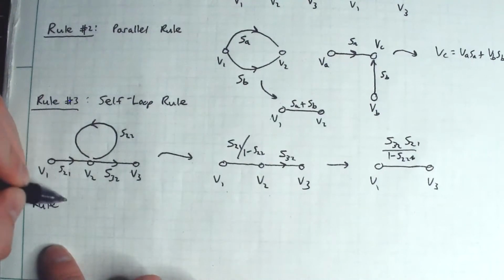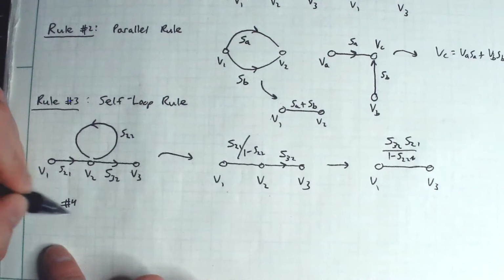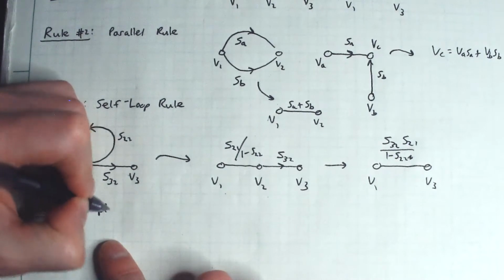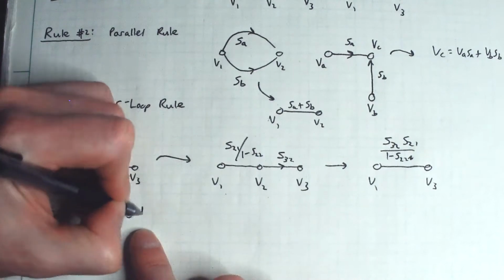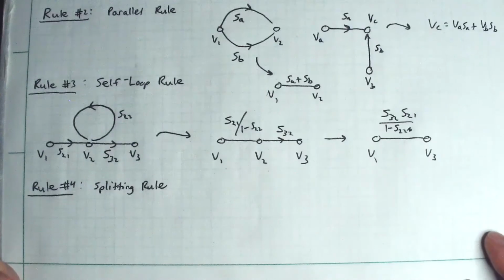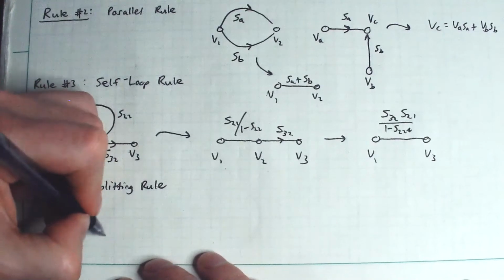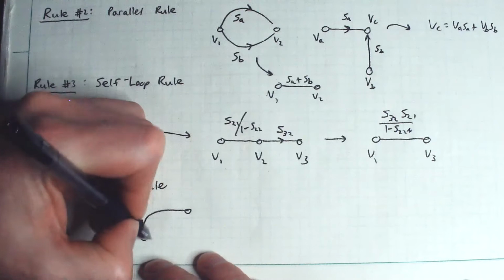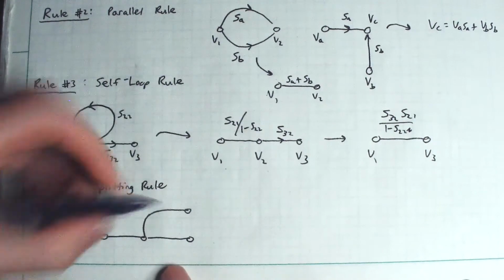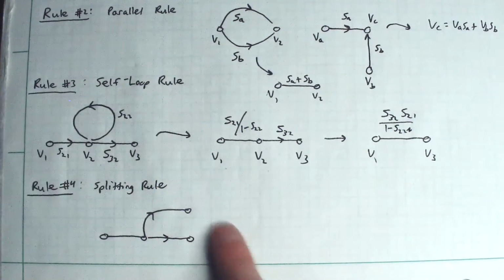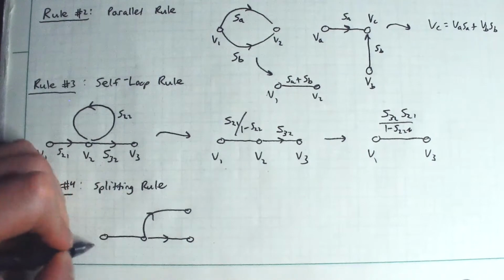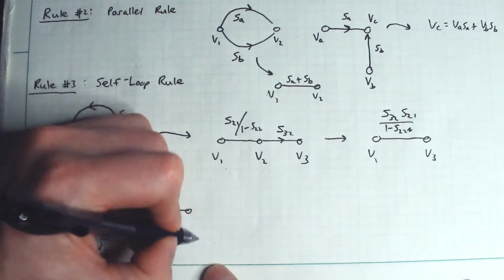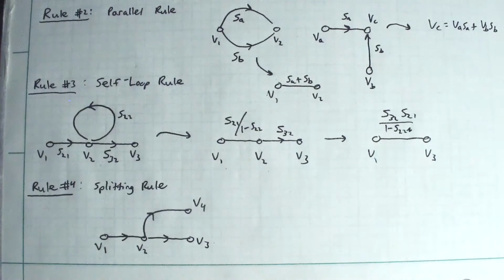So rule number 4 is as follows. It's called the splitting rule. This one's a little tricky. Let's draw this. If you have one node coming in, and it branches off like this, this feeds out to 2 nodes. I'm going to call this V1, V2, and we're feeding in V3 and V4.